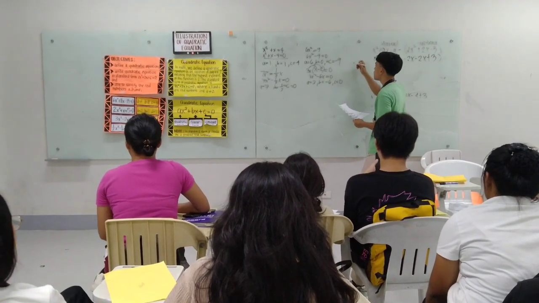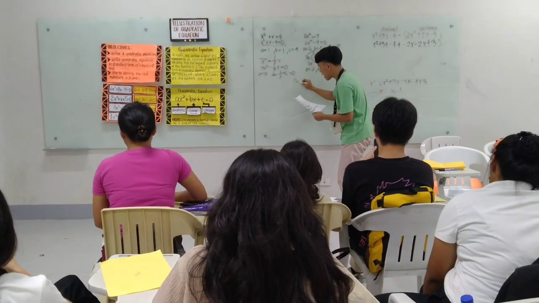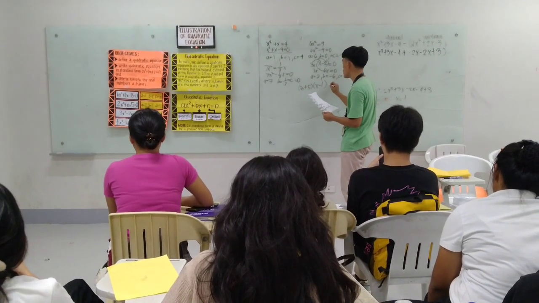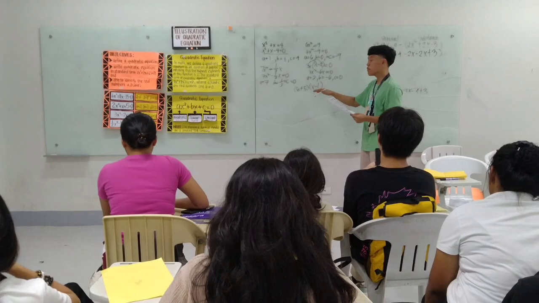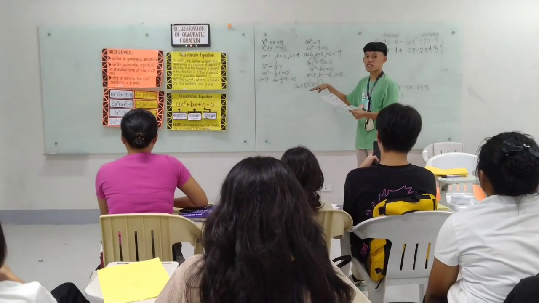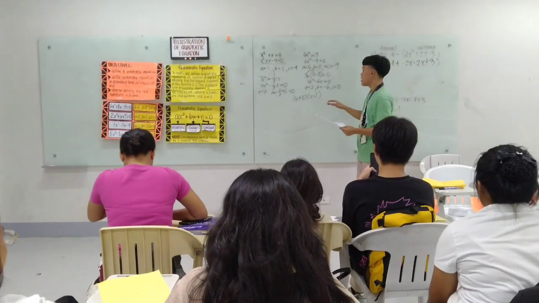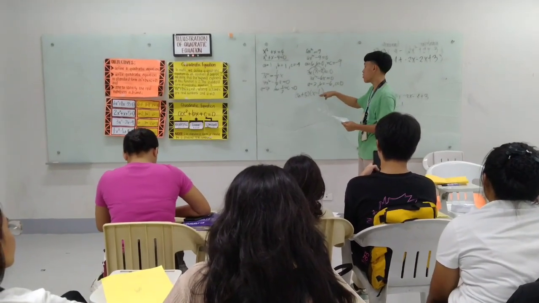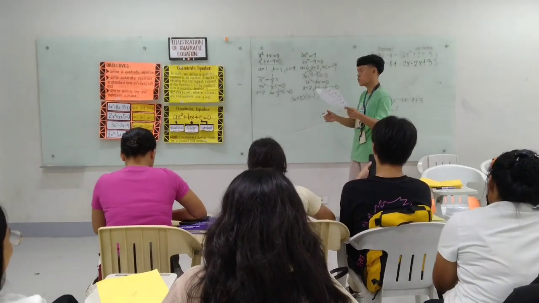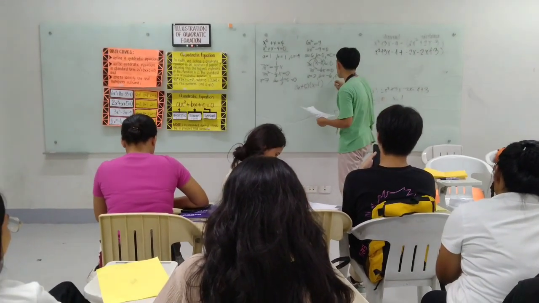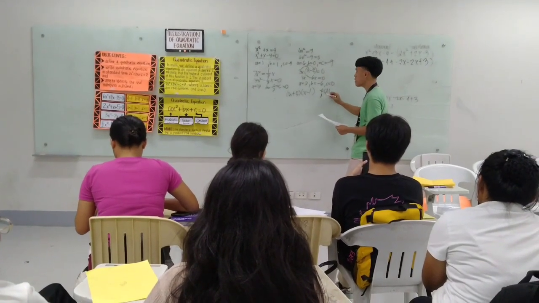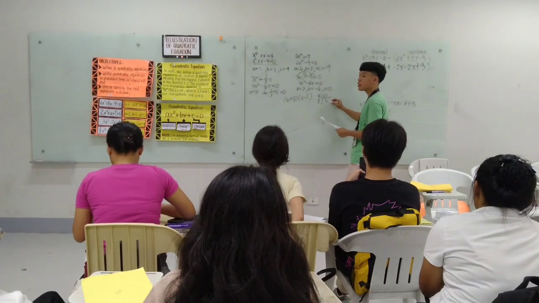So last will be 2x plus 5 times x minus 1. So here, in this equation, we have two binomials. Have you encountered this in your grade 8 school? Yes, sir. So we're going to multiply it, or you can use whatever technique. For this, we're going to use FOIL. FOIL means we multiply the first term, the outer term, the inner term, and the last term.